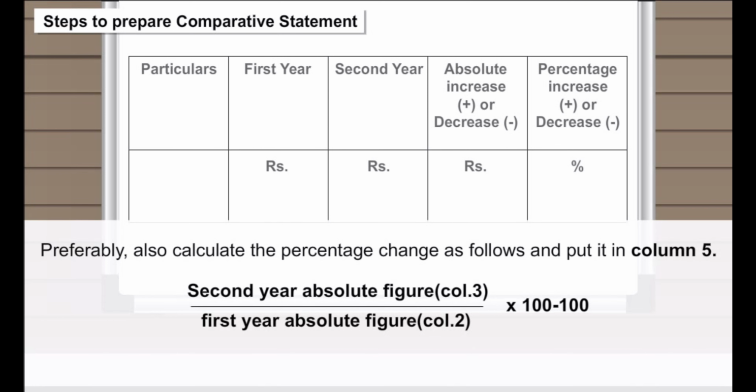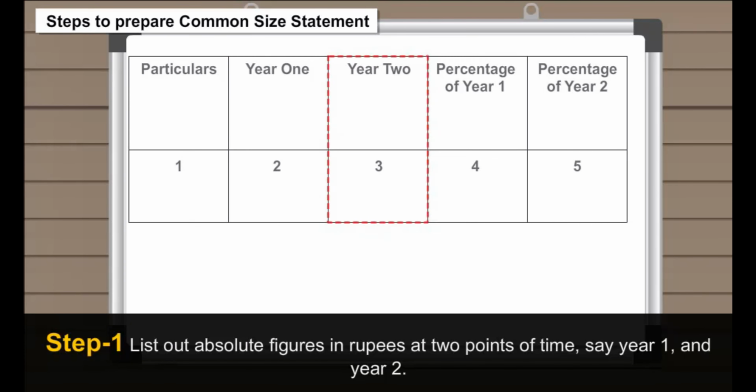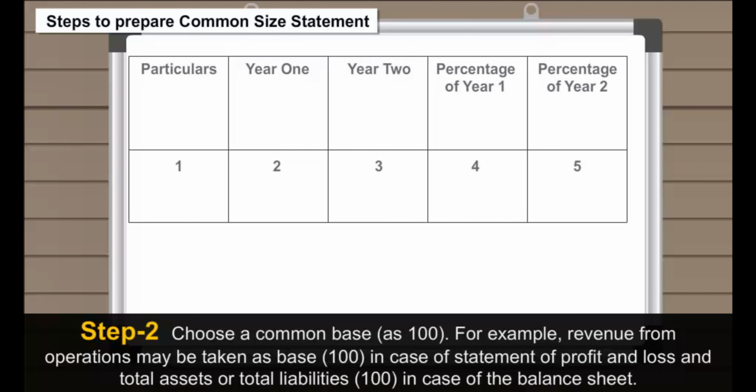Steps to prepare common size statement. Step 1. List out absolute figures in rupees at two points of time, say year 1 and year 2. Step 2. Choose a common base as 100.